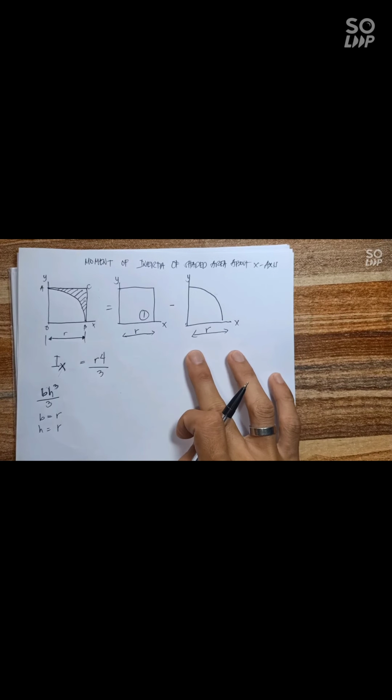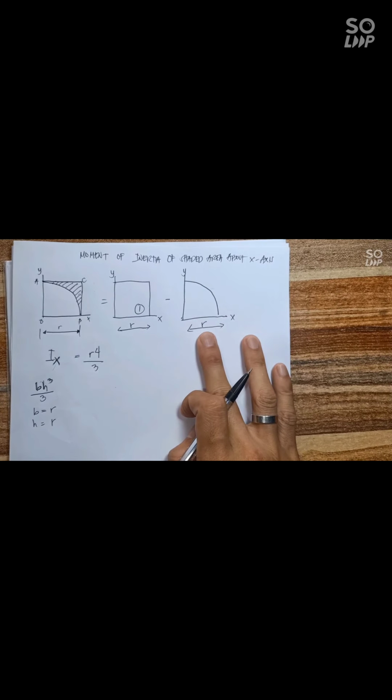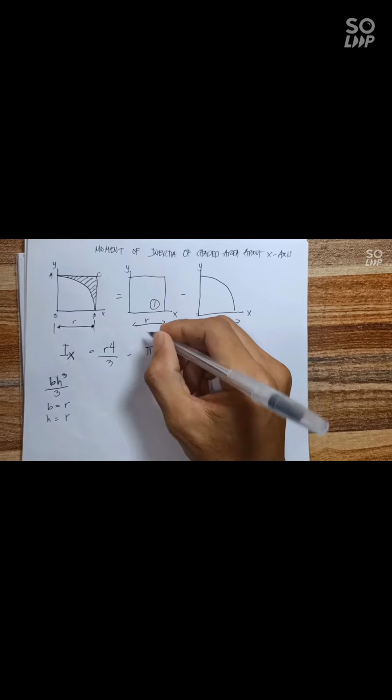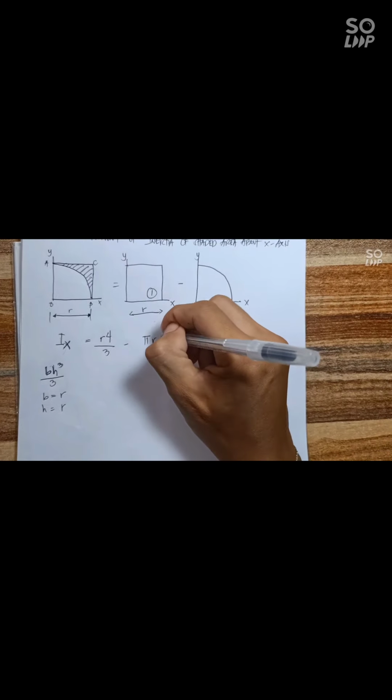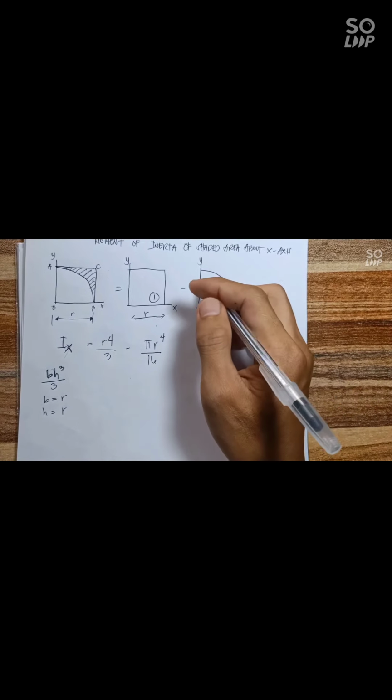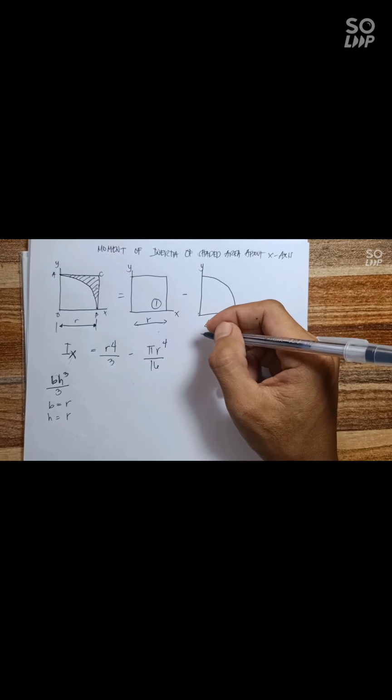Next, the moment of inertia of the quarter part of the circle about the x-axis is pi r to the power of 4 divided by 16.